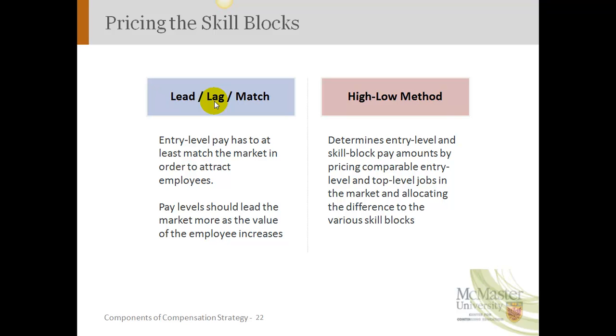So maybe instead of bringing you in at $40,000 a year, I might bring you in at $35,000, but the market would only pay $60,000 to somebody with your skill levels once you've maybe got to a higher level of skill, but I'm prepared to maybe pay you $69,000. So you can actually earn an extra $34,000 a year with me as you gravitate through the 5 skill blocks.